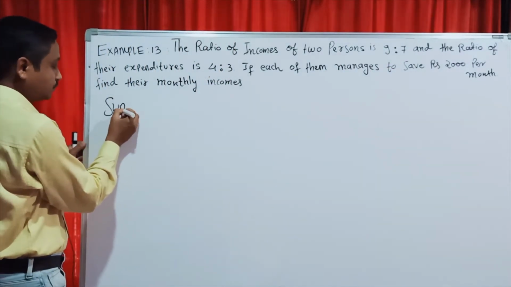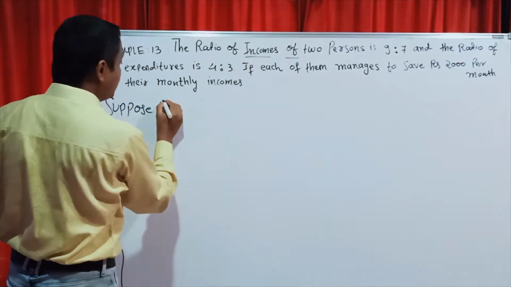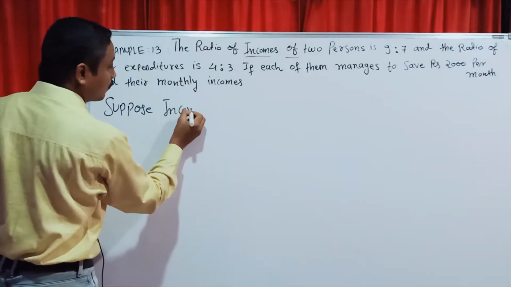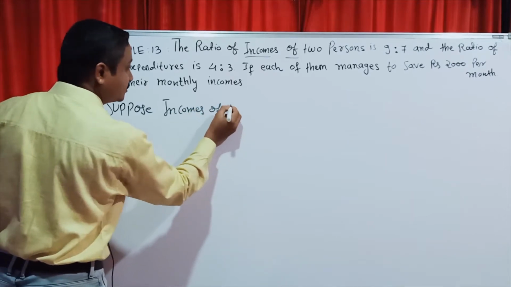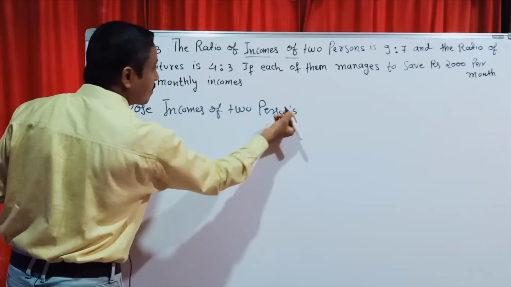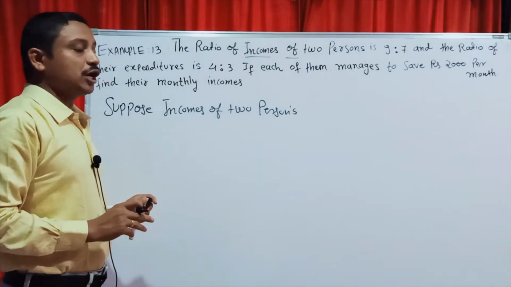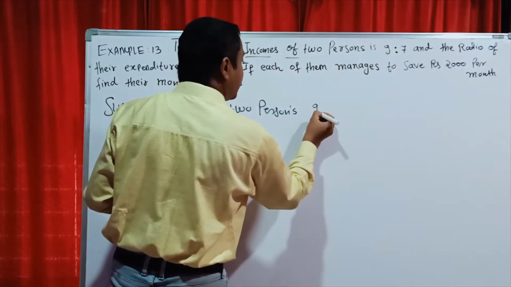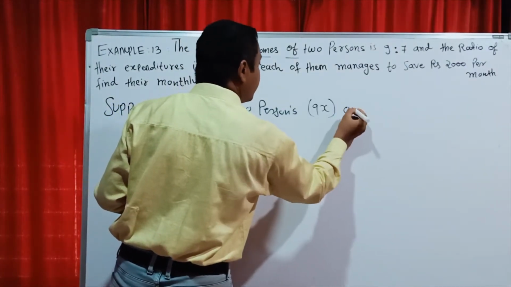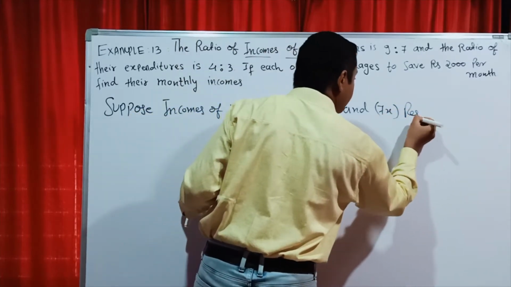Suppose the incomes of the two persons are 9x and 7x respectively.